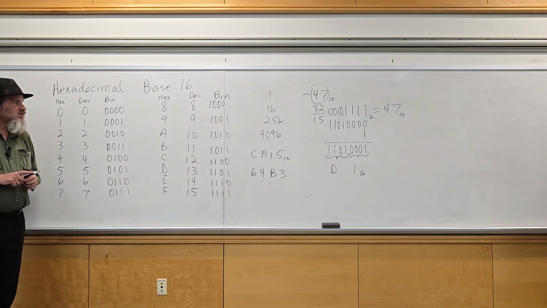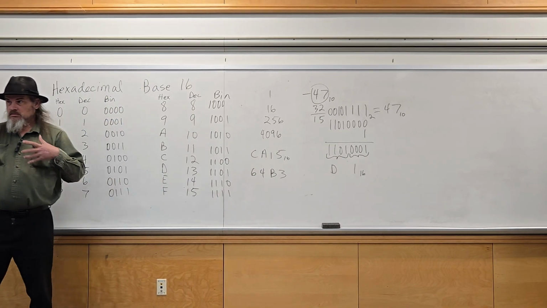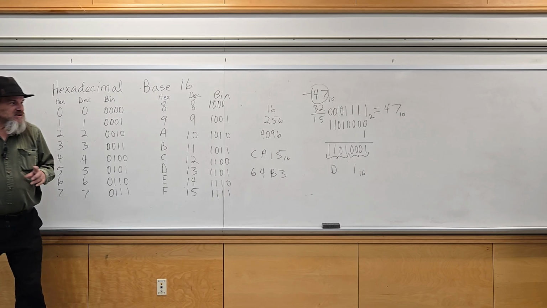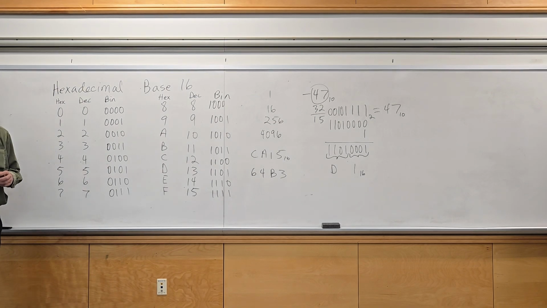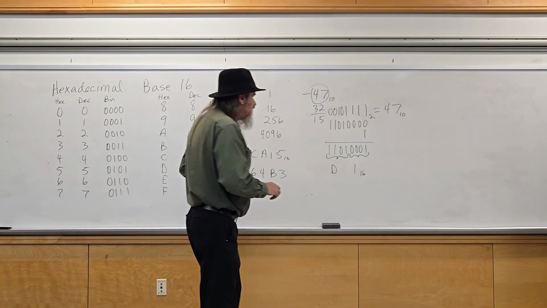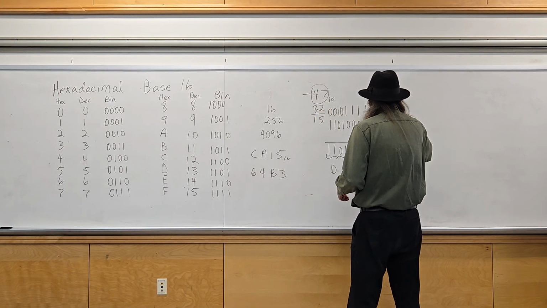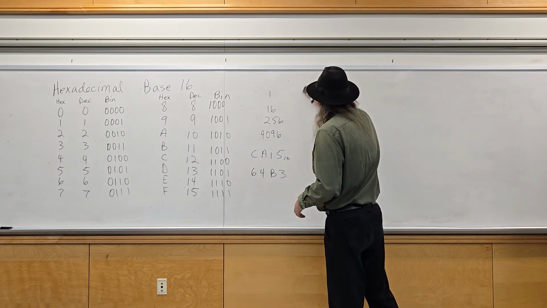Let's see here. Doing math with hexadecimal, I wouldn't even bother trying. What is B times C, D? You could theoretically use the shift and add method of multiplication.